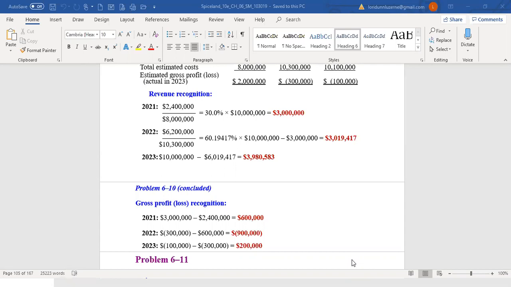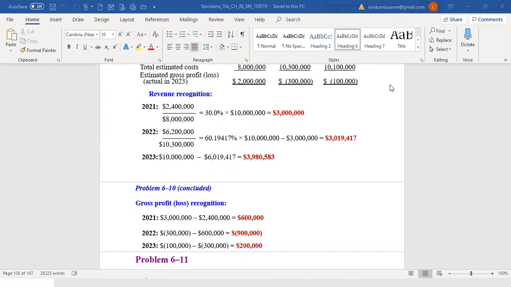So we actually will be showing a $900,000 gross loss in year 2. Now, since the loss isn't as great as we originally expected, in year 3, we could show 200,000 of gross profit. The key here is that when you add the 600, subtract the 900, and add the 200, it's going to equal the overall loss on this project of $100,000.